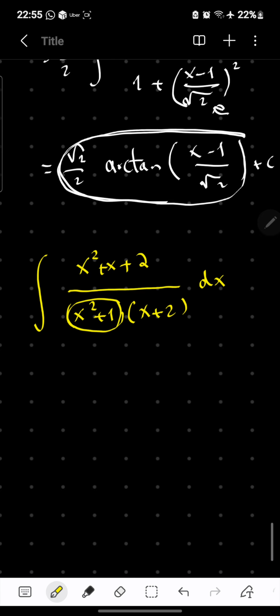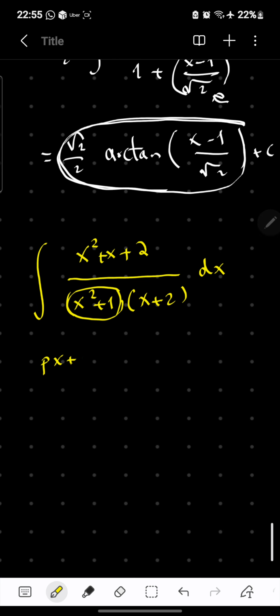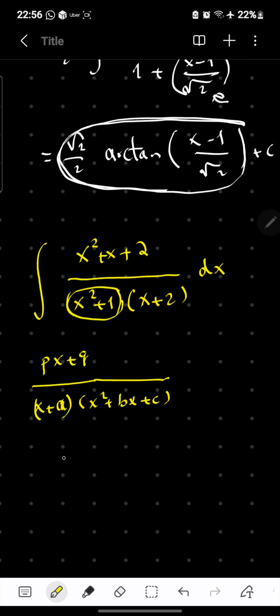We have another case that tells us if we have a linear factor, for example x plus a, and another quadratic one that cannot be factorized and is of degree 2, so it will be a over x plus 1. This is from the first case, and for the second one, in the numerator we put the general form of a linear expression, which is bx plus c.